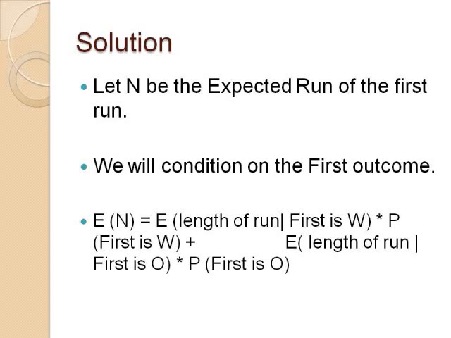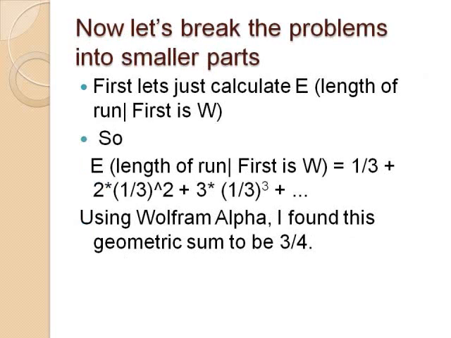So we'll use the expected value of the length of run given that first is wicket times the probability that first is wicket, plus the expected value of the length of run given that first is not out times the probability that the first is not out.